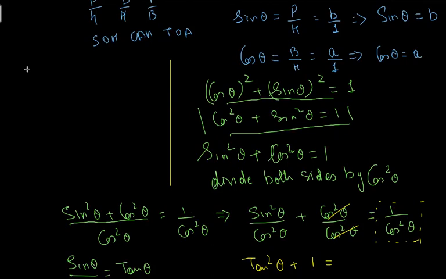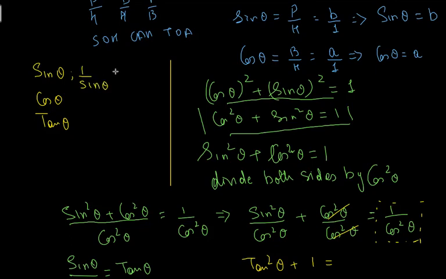So we have got fundamental ratios as sine theta, cos theta, and tangent theta. What we also have is the reciprocal ratios of these. So when you take the reciprocal of sine theta, it means we're talking about 1 over sine theta.